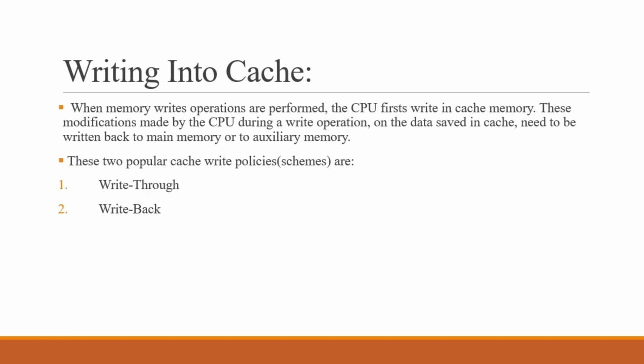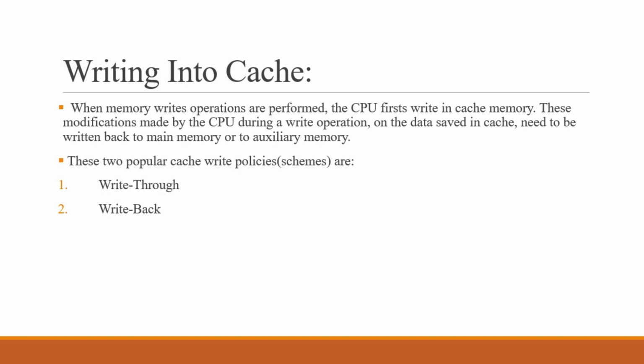Writing into cache. The purpose of writing data into the cache memory first during a write operation is to improve performance by reducing the frequency of accessing the slower main memory or auxiliary memory. But this modification must eventually be synchronized with the main memory or auxiliary memory to ensure data consistency.